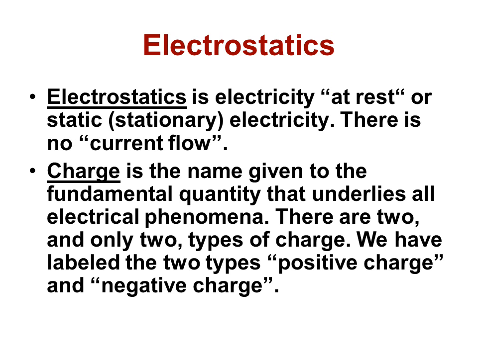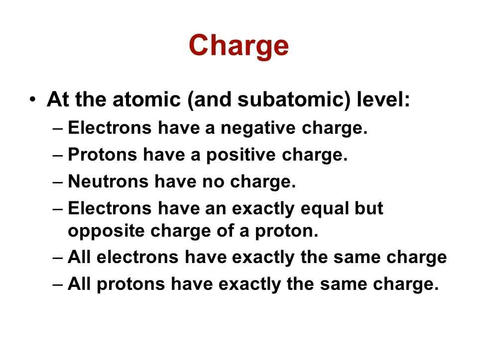There are only two types of charge, and we've labeled them positive charge and negative charge. We could have labeled them anything: plus and minus, yes and no, but we called them positive and negative. Electrons have a negative charge, and protons, the other charged part of an atom, have a positive charge.